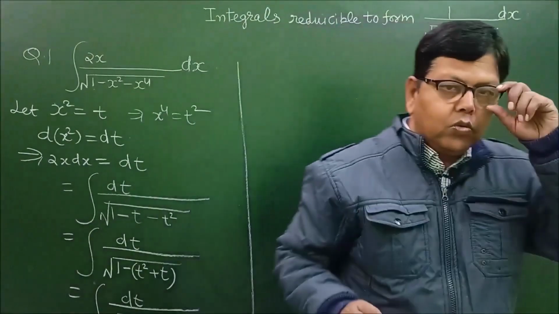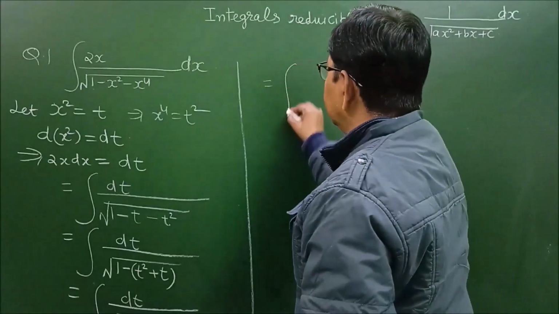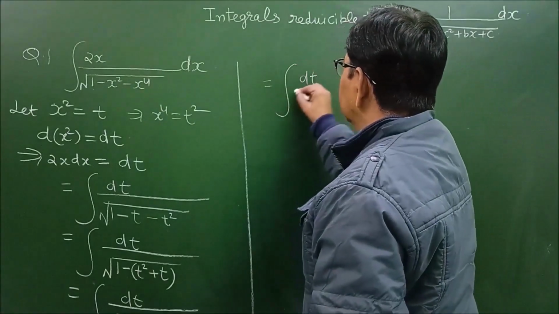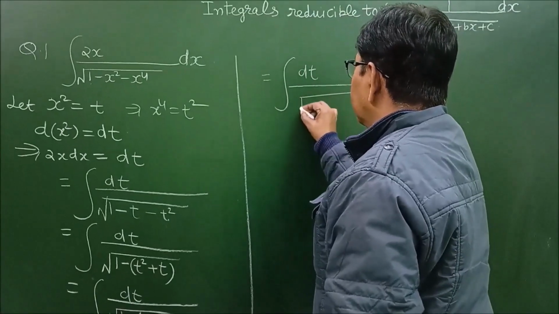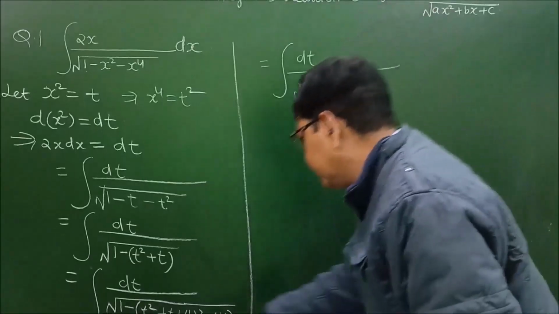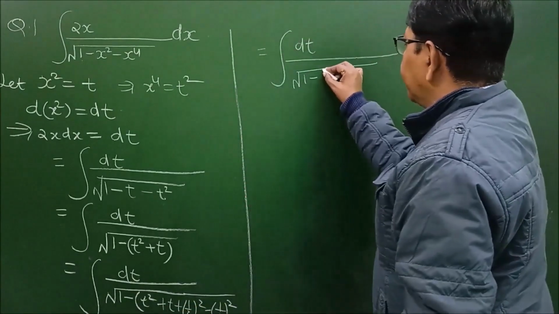This is equal to integral of dt upon under root of 1 minus these three terms, t square plus t plus (1 by 2) square, which make a perfect square.